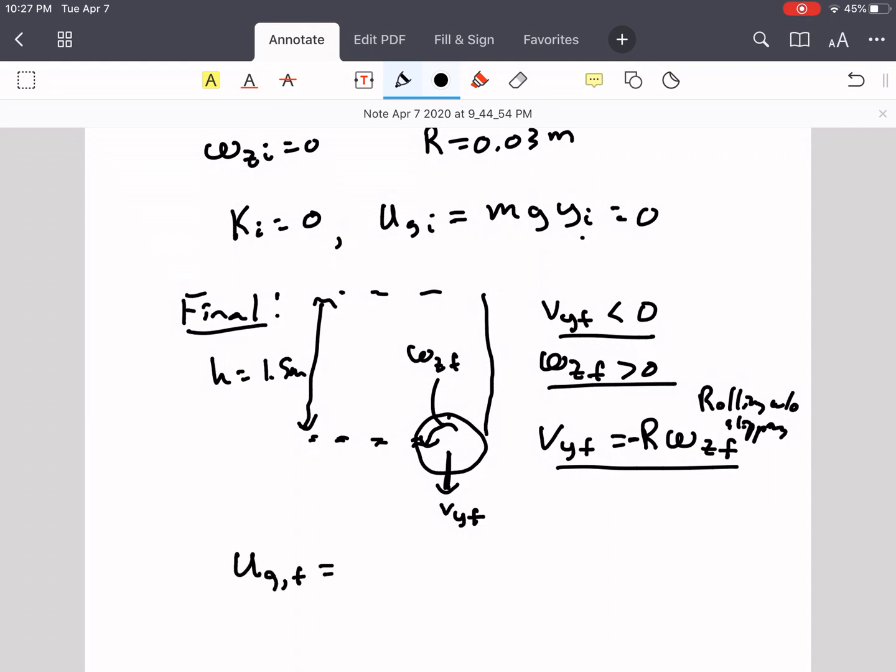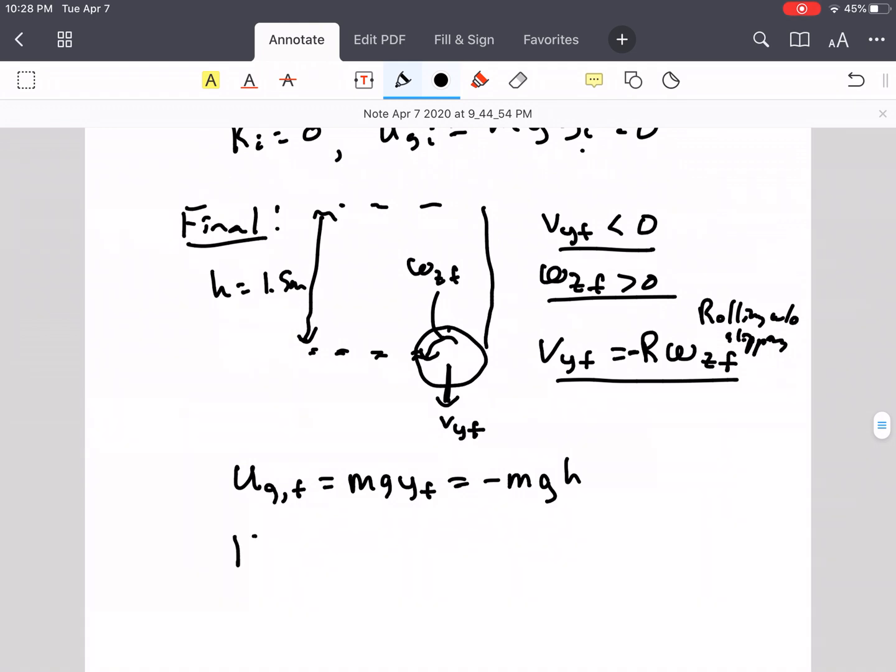Gravitational final is just m g y final, and y final is negative h. It goes down by h, so it's negative m g h. Our final kinetic energy for this rotating cylinder is again going to be rotational kinetic energy, 1/2 I of the cylinder times omega z final squared, plus translational kinetic energy, 1/2 mass times Vy final squared.